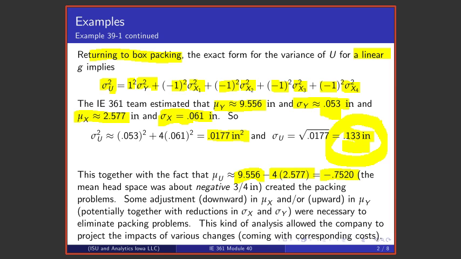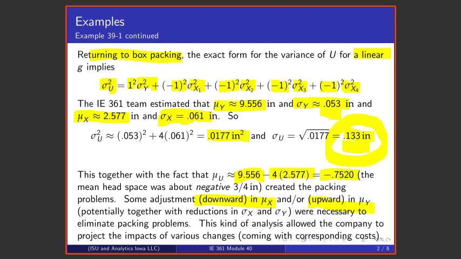If you didn't want a large probability that the headspace is negative, then what would be required would be to adjust the average unit size downward, or the inside dimension of the carton upward.